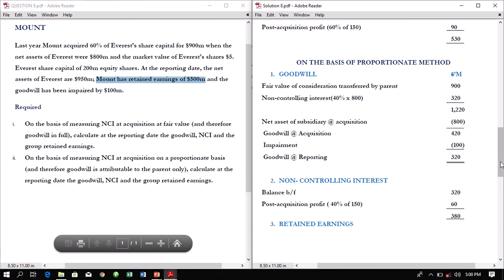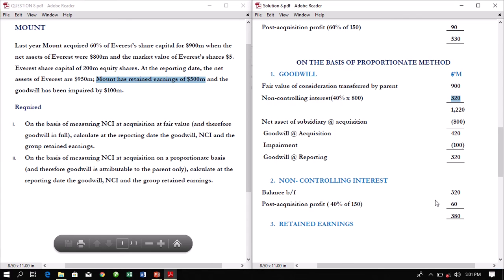So after that, I can compute my non-controlling interest. Balance brought forward or as calculated. We calculated here that our NCI is 320. I'll bring it here, which is 320. Don't forget, I said whenever we are using proportionate method or what we call partial goodwill method, any impairment will not be suffered by the non-controlling interest, because the goodwill we get using proportionate method belongs to only the parent company.